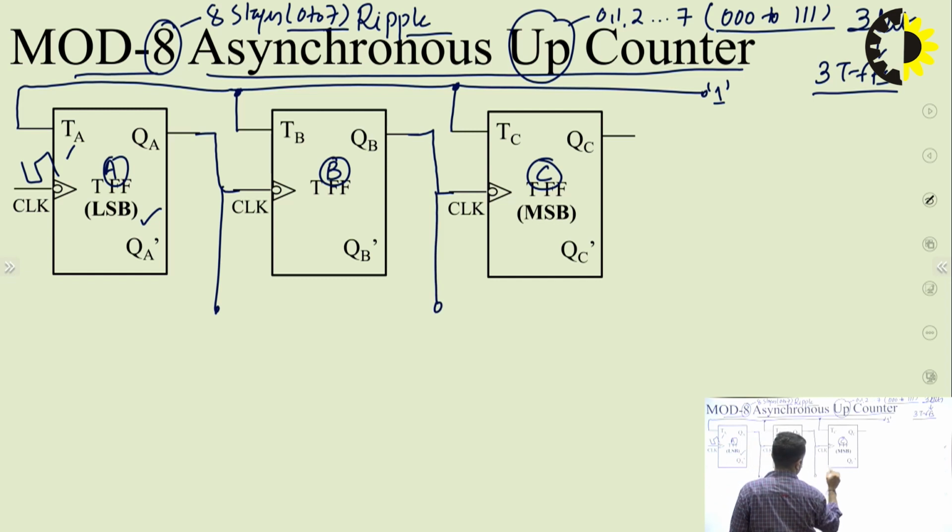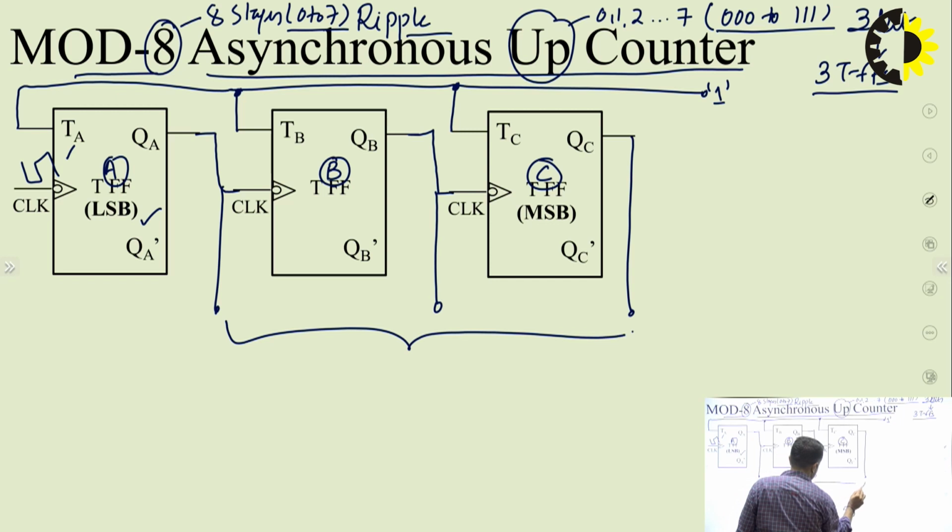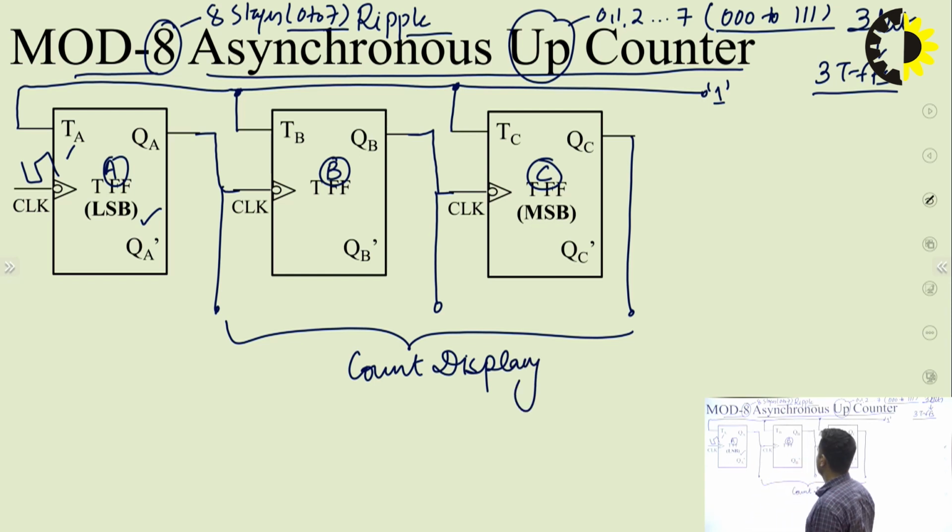These outputs are also going to be used as the count display terminals. So here my count will be displayed. I can connect 3 simple LEDs here, QA, QB and QC. So these are the connections for the mode 8 asynchronous counter.